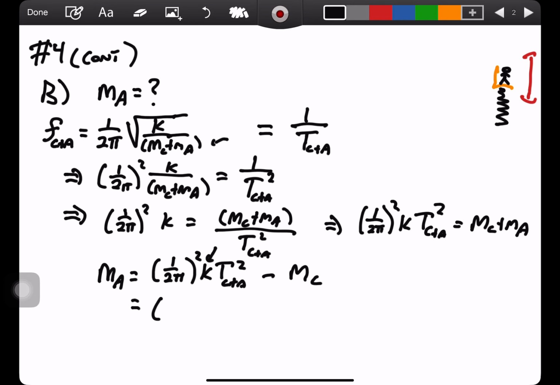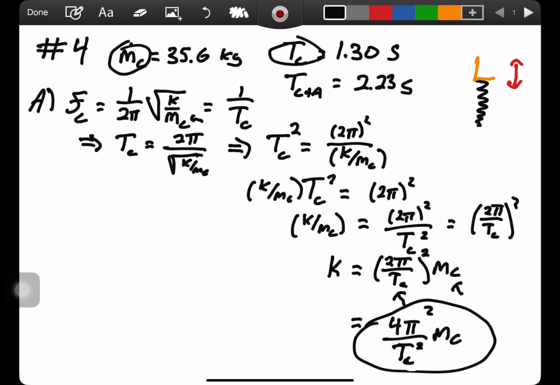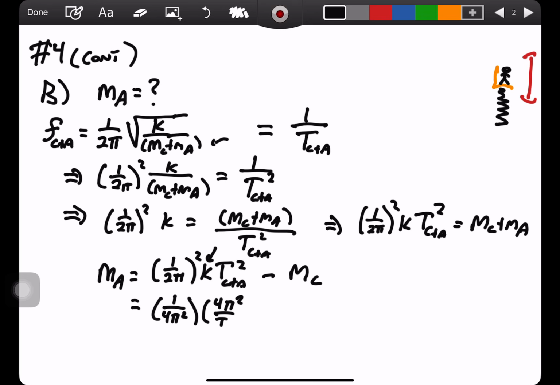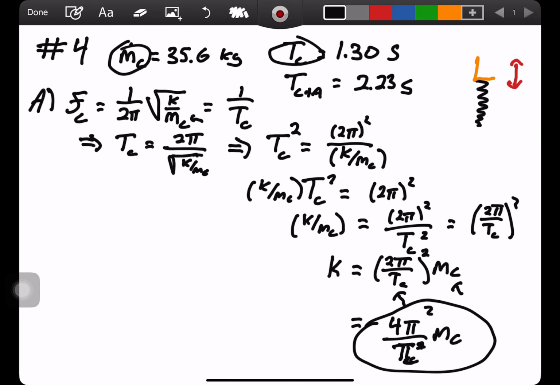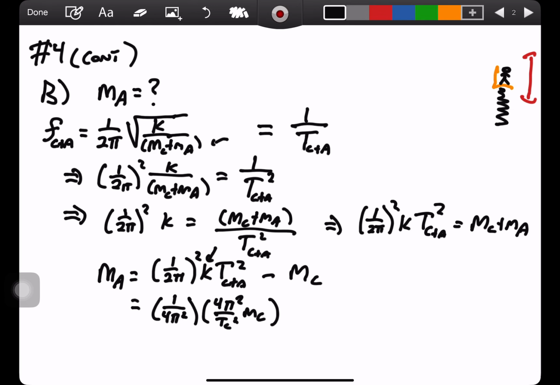And so this is going to be equal to 1 over 4 pi squared. I'm just going to actually square that term. And remember, k is equal to 4 pi squared over the period of just the chair squared times the mass of the chair. And then I have my t c plus a squared minus mc.